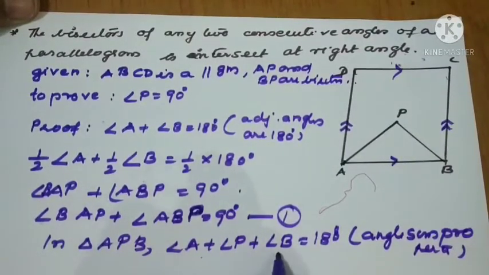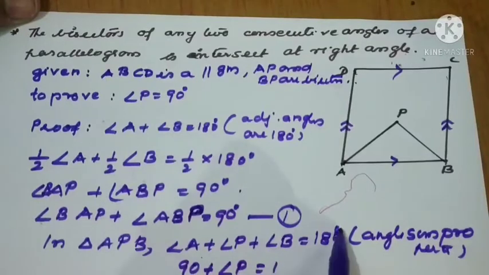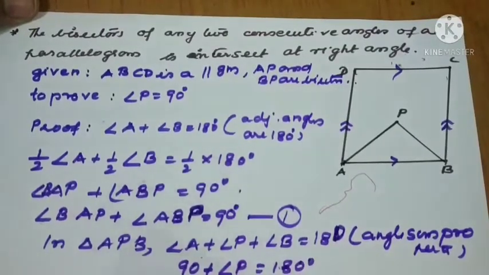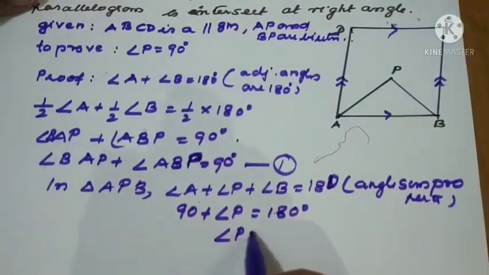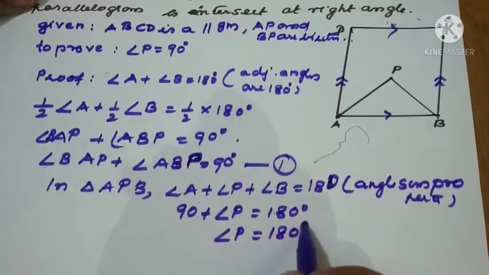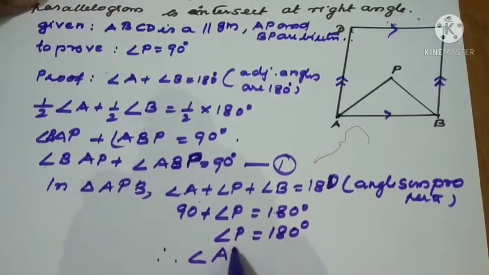Angle A and angle B we got as 90 degrees. Therefore, what is angle P? So, what is the meaning of this P? That is angle APB, 90 degrees, hence proved.